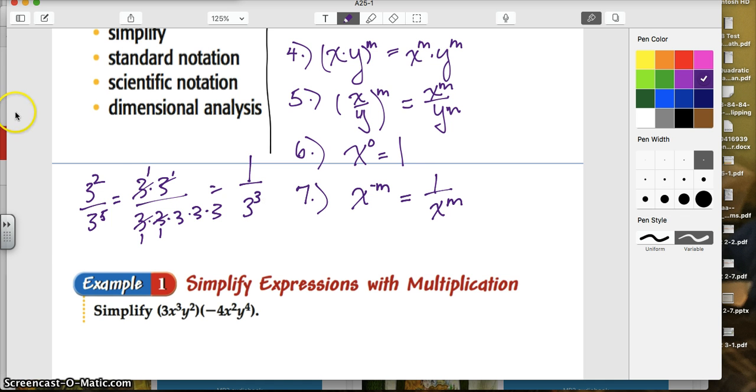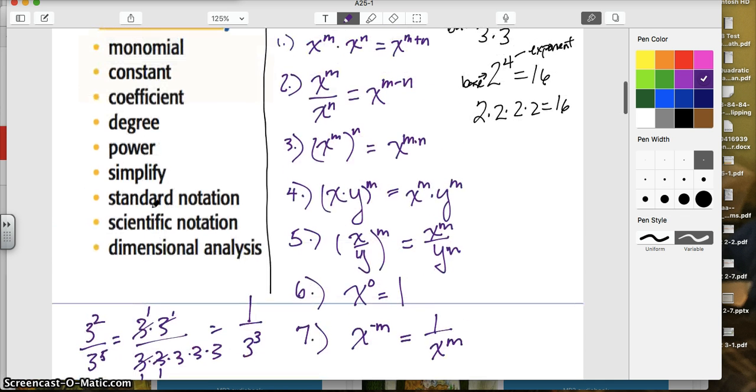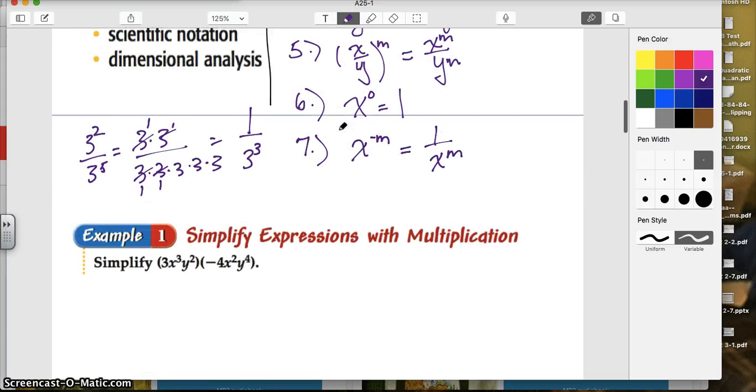We also know that we could have looked at this problem in terms of rule number 2, which tells me to subtract my exponents. So what happens when I subtract 2 minus 5? If I have 3 to the 2 minus 5, I really have 3 to the negative 3rd power, which I know now is simply 1 over 3 to the 3rd, because we got the 3 to the 2nd power over 3 to the 5th power.